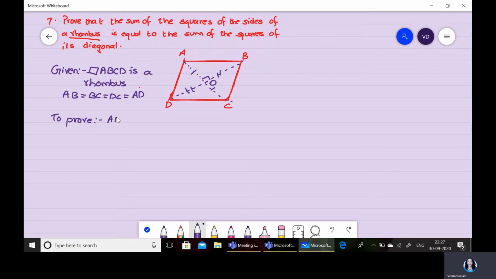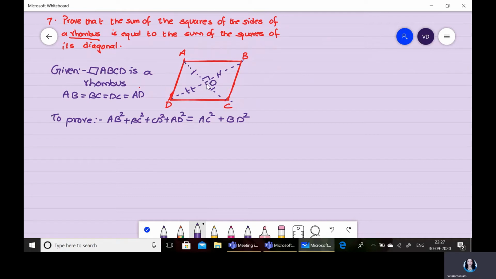Now we are supposed to prove that the sum of the squares of the sides of the rhombus, that is AB square plus BC square plus CD square plus AD square, is equal to the sum of the squares of the diagonals, that is AC square plus BD square, correct? You can prove this easily by taking Pythagoras theorem in a right angle triangle, because here we don't know what type of angles A and B are, but we definitely know the diagonals bisect at right angles.